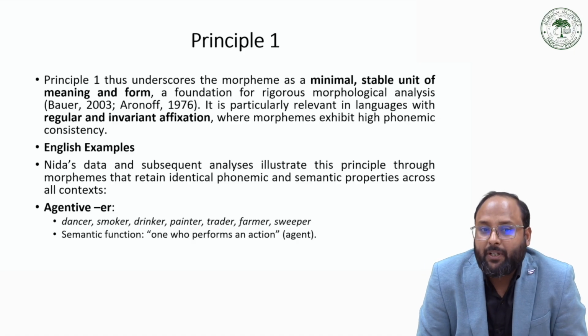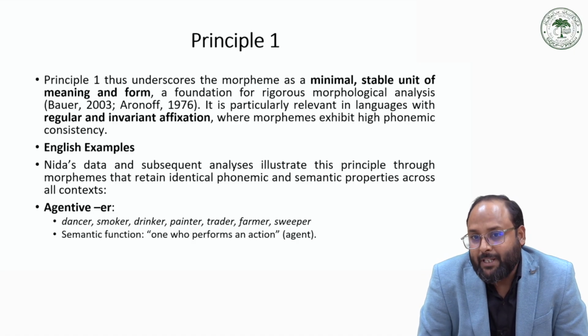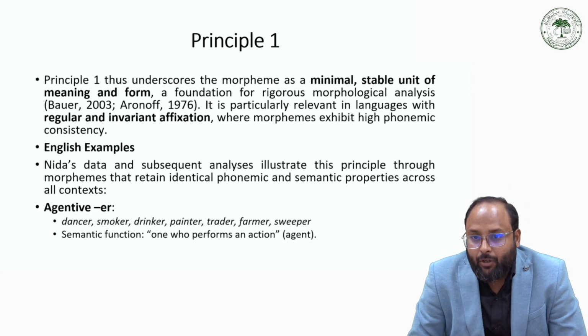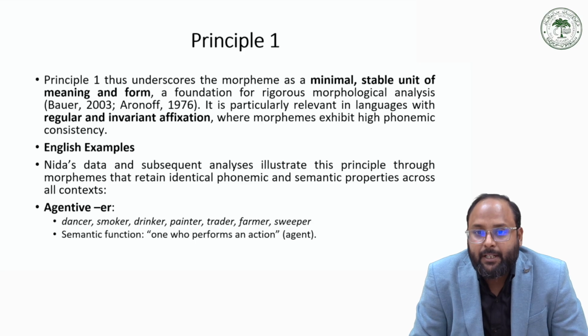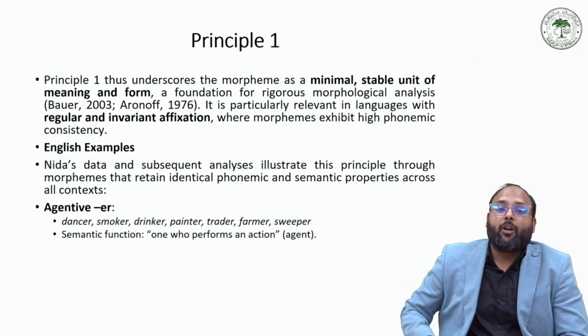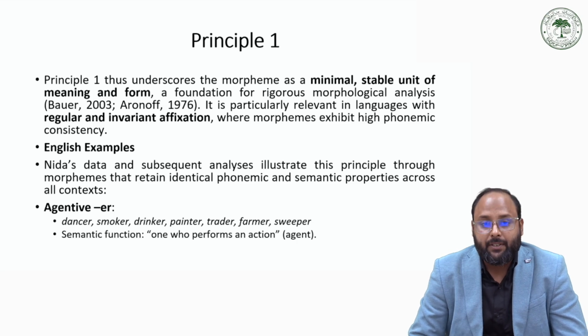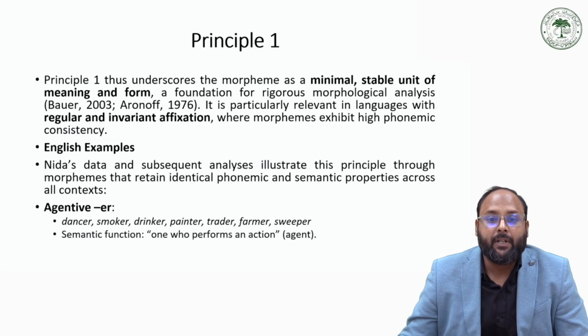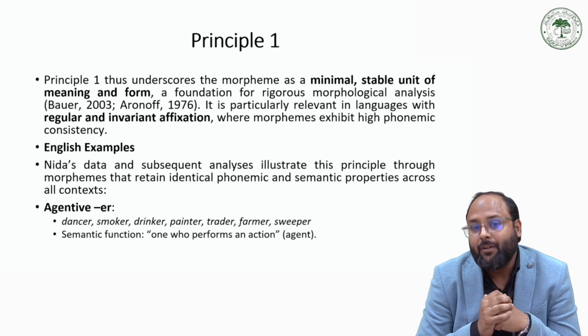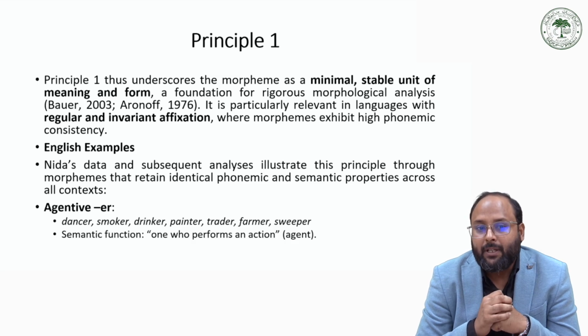So that means the principle first underscores the morpheme as a minimal stable unit of meaning and form, a foundation for rigorous morphological analysis. It is particularly relevant in languages with regular or invariant affixes, where the morpheme has high phonemic consistency.